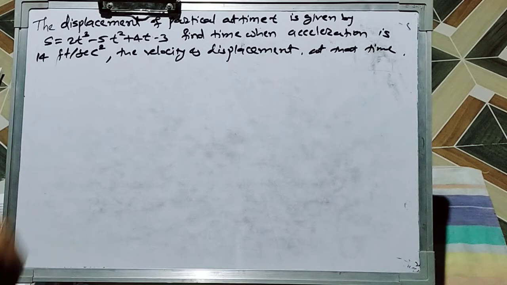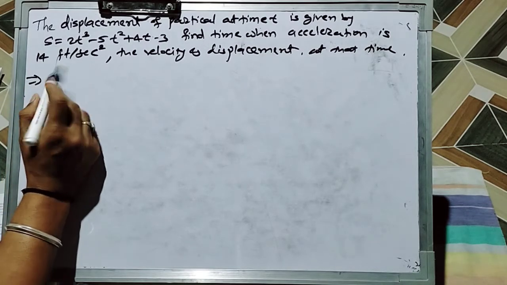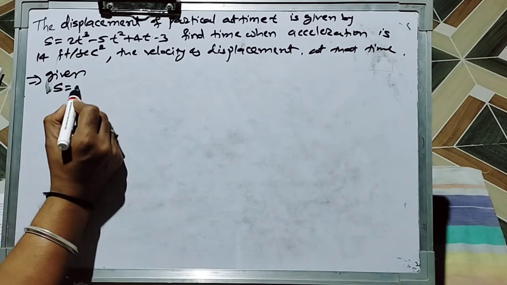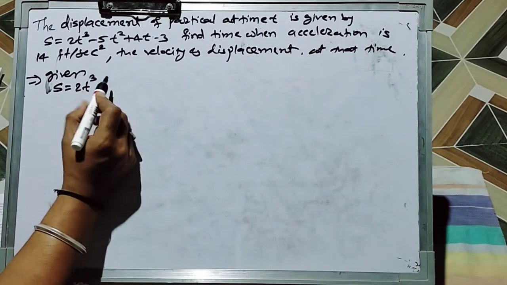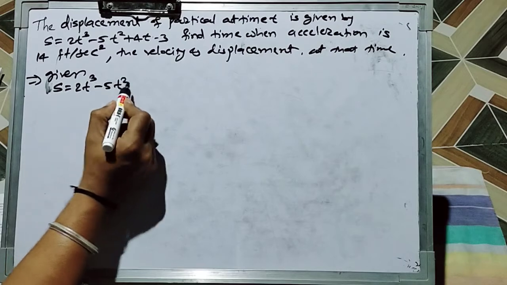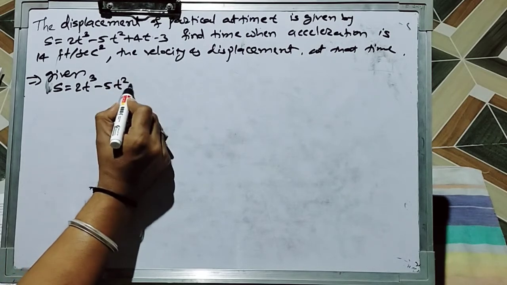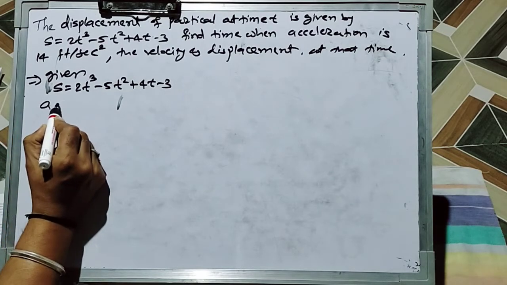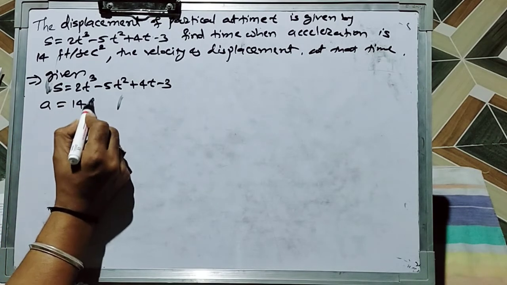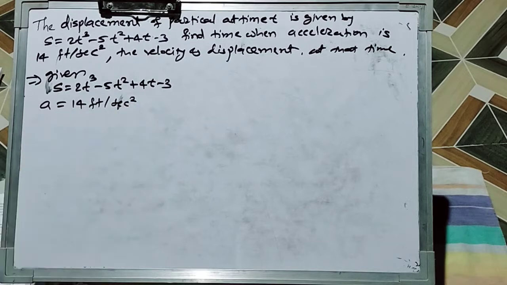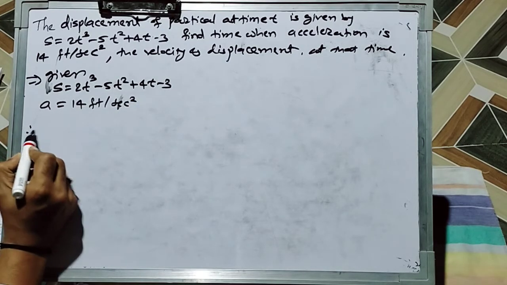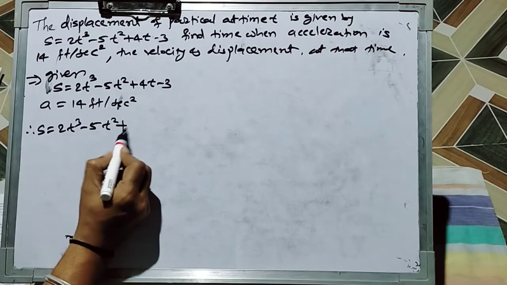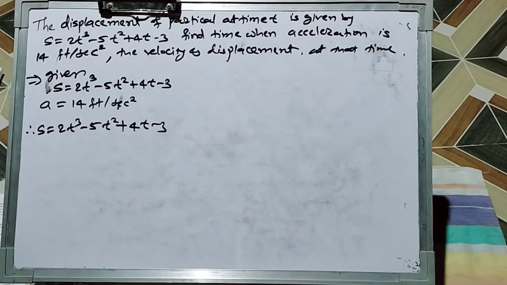So here the displacement of a particle is given as 2t cubed minus 5t squared plus 4t minus 3, and the acceleration is 14 feet per second squared. So s equals 2t cubed minus 5t squared plus 4t minus 3.